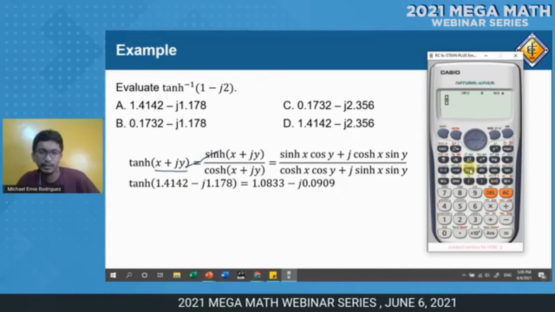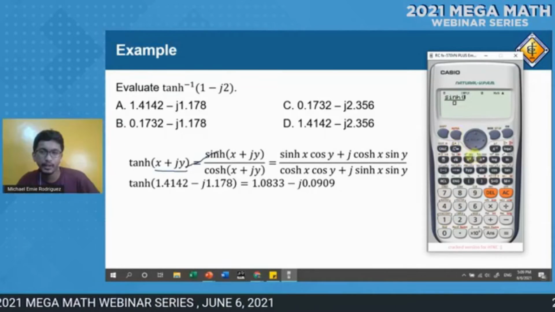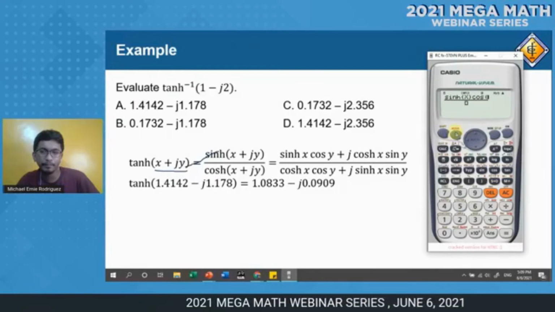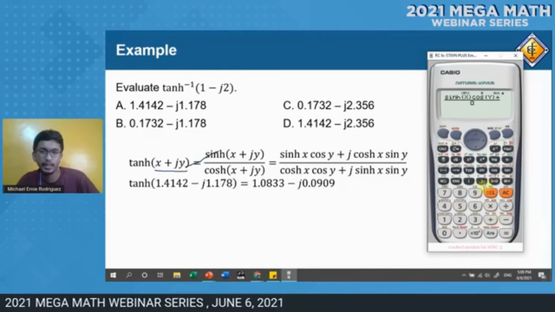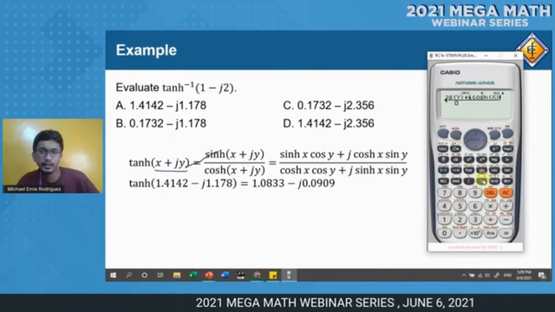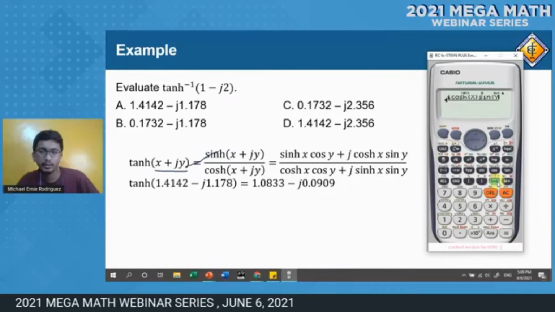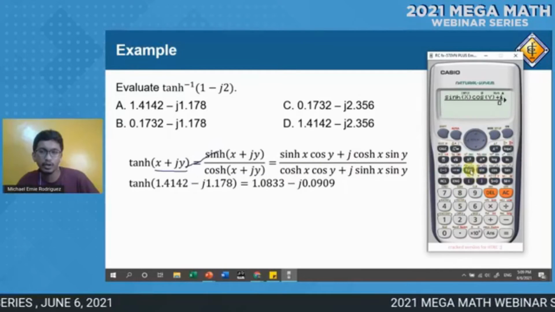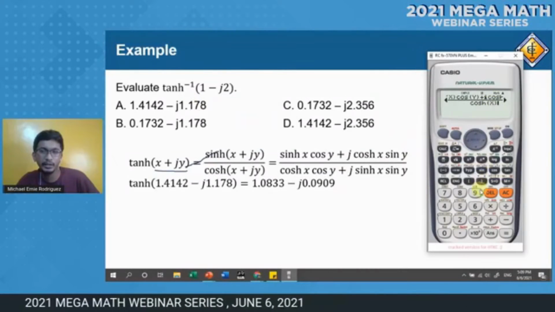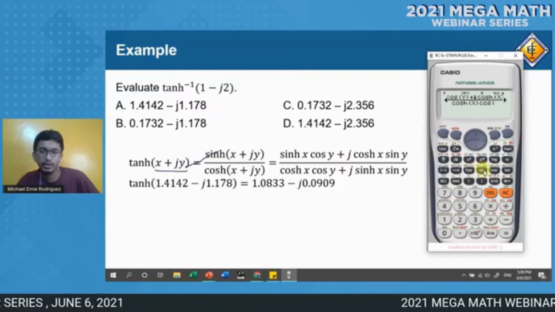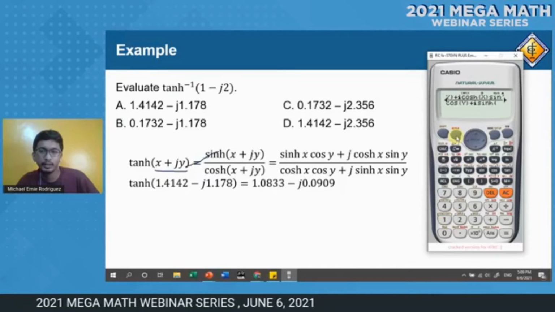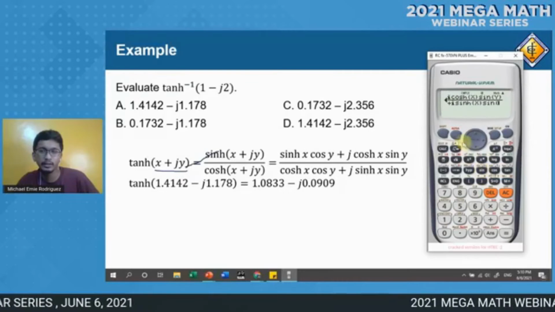Para mapadali, ito yung input natin: sinh x, cosine y, plus yung I, cosh x, sine y, over cos x cos y plus, yung j natin is I, sinh x, sine y.